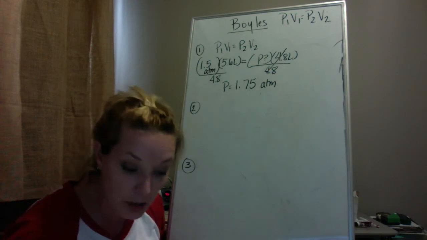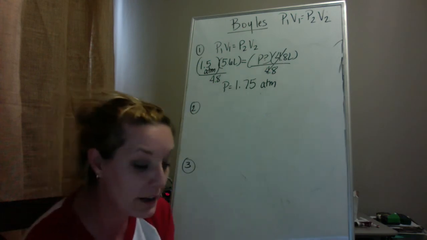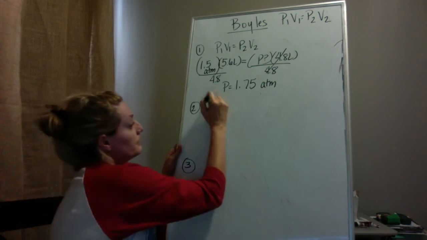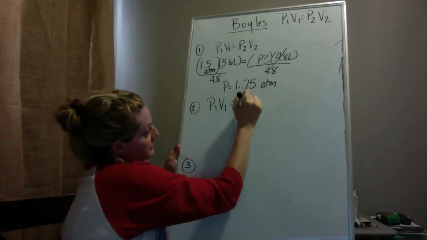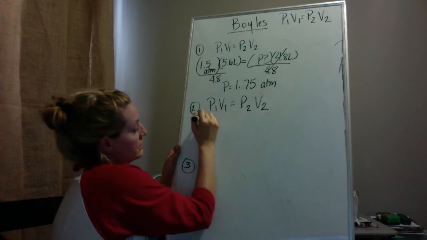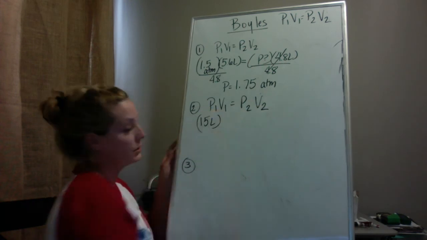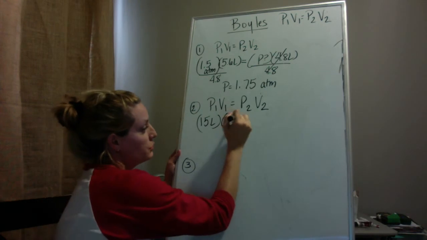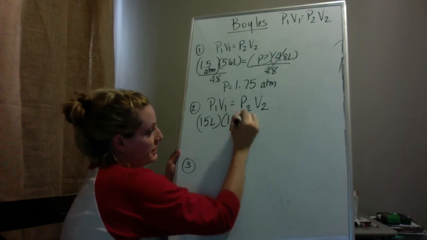So look at number 2. I have added 15 liters of air, so 15 liters is my volume, to a balloon at sea level, which is 1 atm.